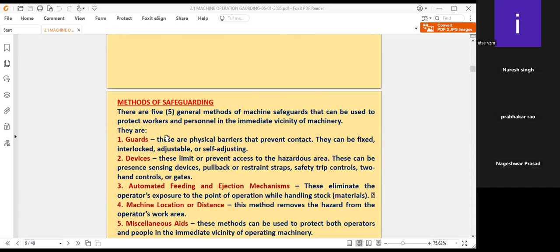What are the types of methods? The types are different. Methods means which method we have to follow for which equipment, and whether the management is encouraging it or not, that we have to see first of all.